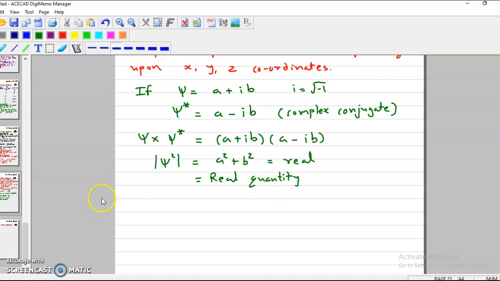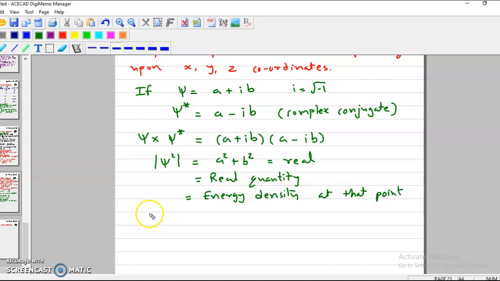In the classical sense, the square of the amplitude at any point in space is a measure of the energy density at that point. So it is possible to interpret psi square. Why? Because it is real.